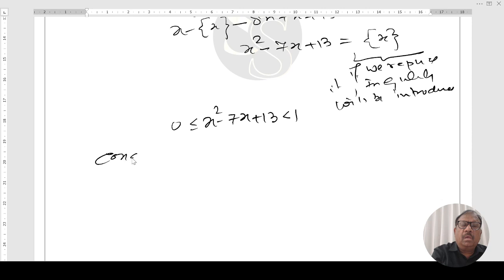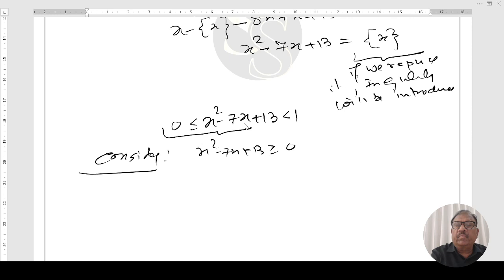Considering x square minus 7x plus 13 greater than or equal to 0 first.